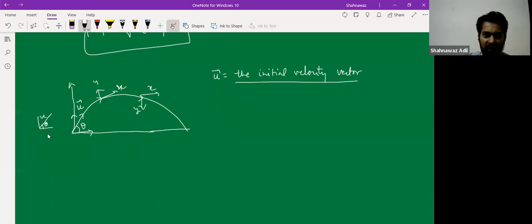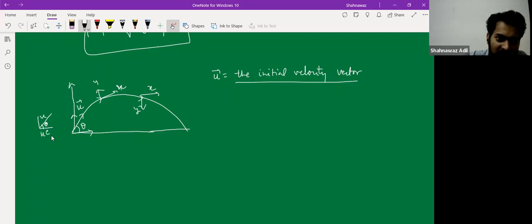Iram, what will be the x component? Anna? Arpit, what will be the x component here? Why is everybody silent? I don't understand.